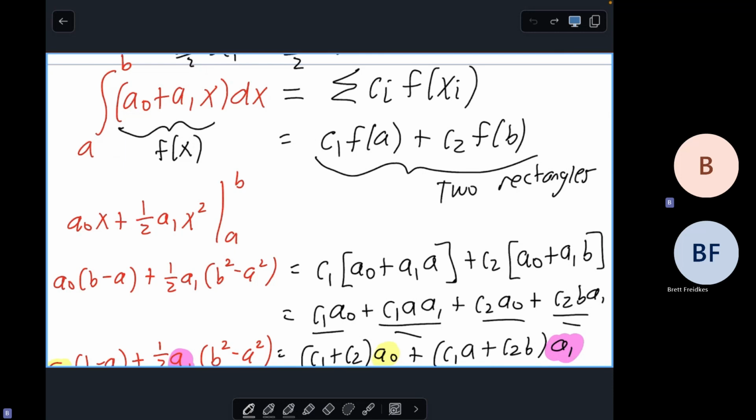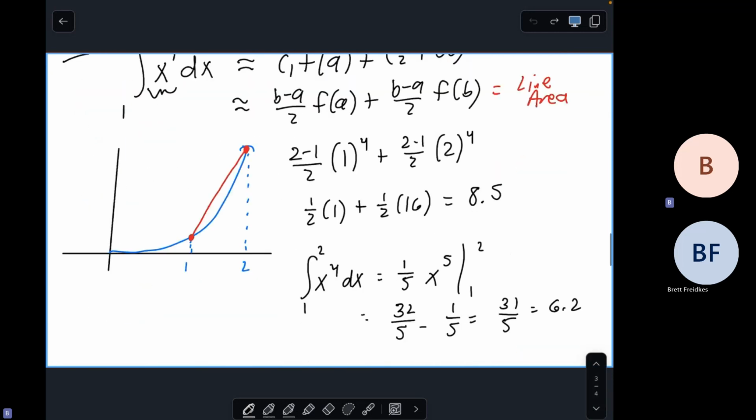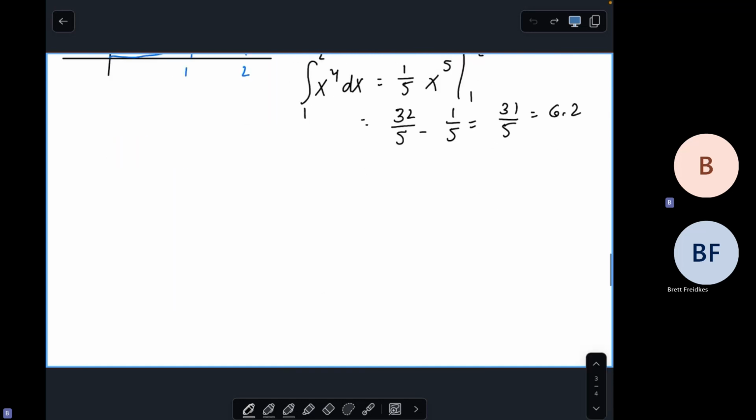Is that hard? It's a lot, I know. But that's the idea, that you can take a complicated function and represent it as a polynomial. So let's just say we integrate from A to B a complicated function.